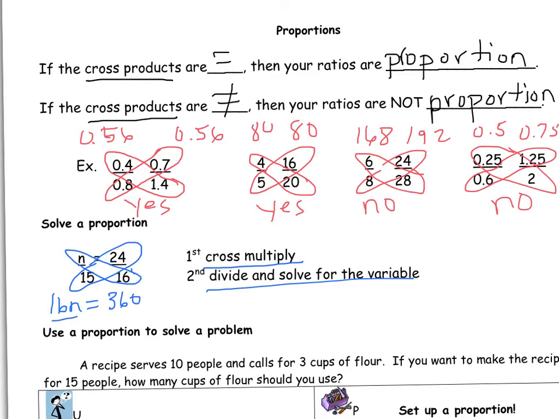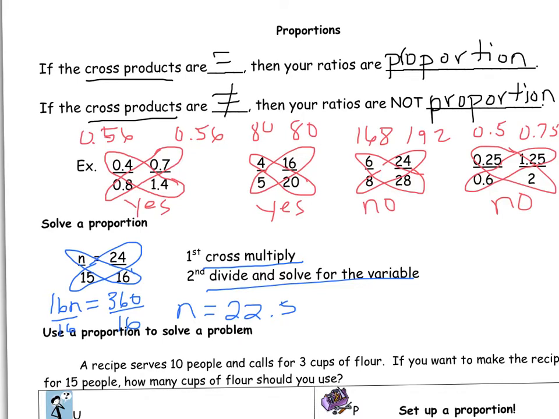We divide by 16. And 360 divided by 16 gives us n is equal to 22.5. And we could plug in the 22.5 and check that, and our cross products would be equivalent. Both cross products would then equal 360.